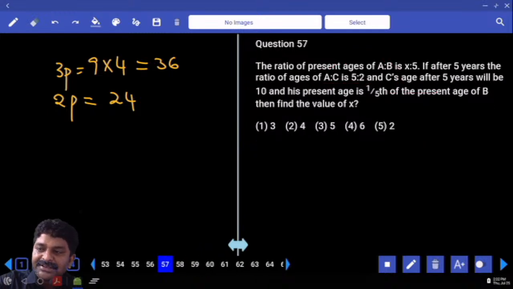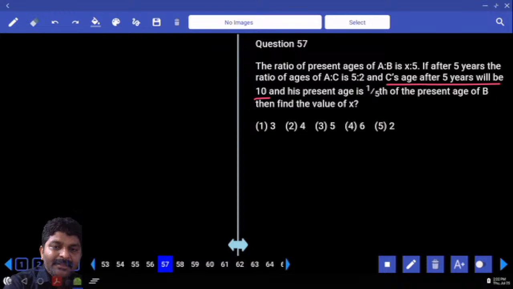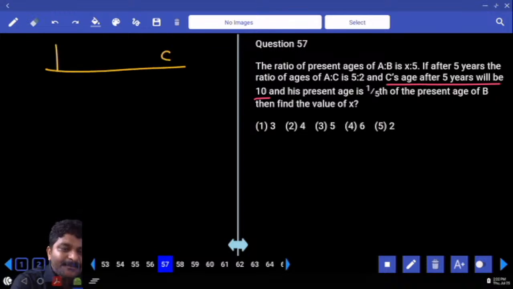The ratio of ages of A and B is X is to 5. If after 5 years, the ratio of ages of A and C is 5 is to 2, C's age after 5 years will be 10, and his age is 1/5 the age of B. Then find the value of X. Okay. Here, C's age after 5 years will be 10. Then what is age of C?